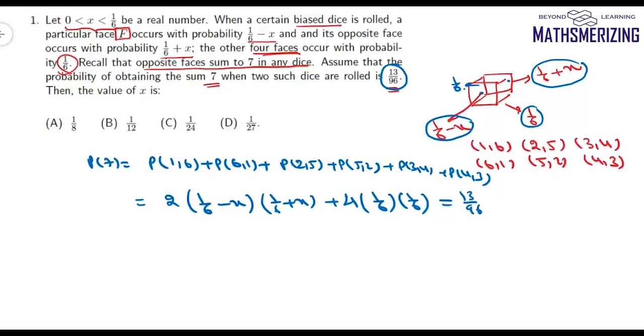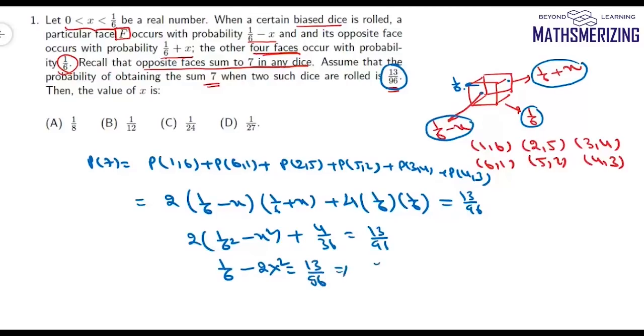So I can write it as 2 times (1 by 6 square minus x square), and then plus 4 by 36 equals 13 by 96. So here it will be 2 by 36 plus 4 by 36, 6 by 36 is simply 1 by 6, minus 2x square, and this is 13 by 96. So I can write 2x square as 1 by 6 minus 13 by 96.